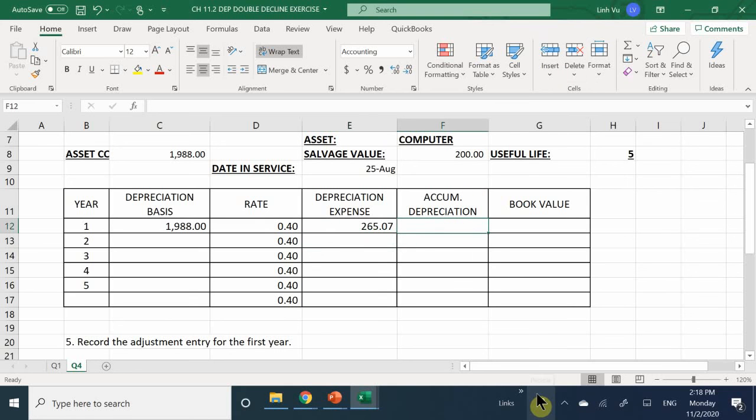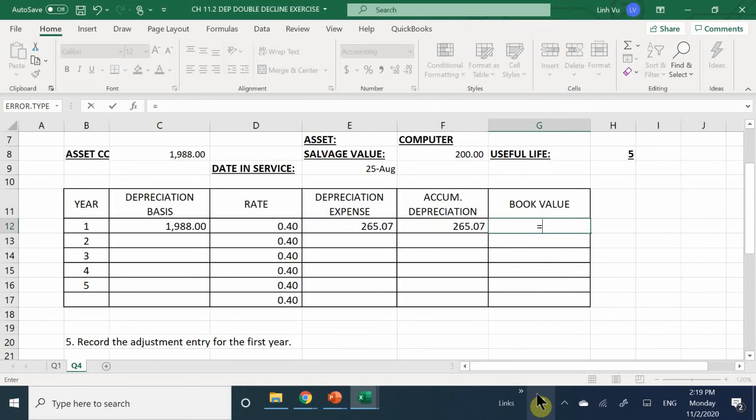So what's my accumulated depreciation here? It is still going to be the $265.07. Good. Bringing my book value to $1,722.93.